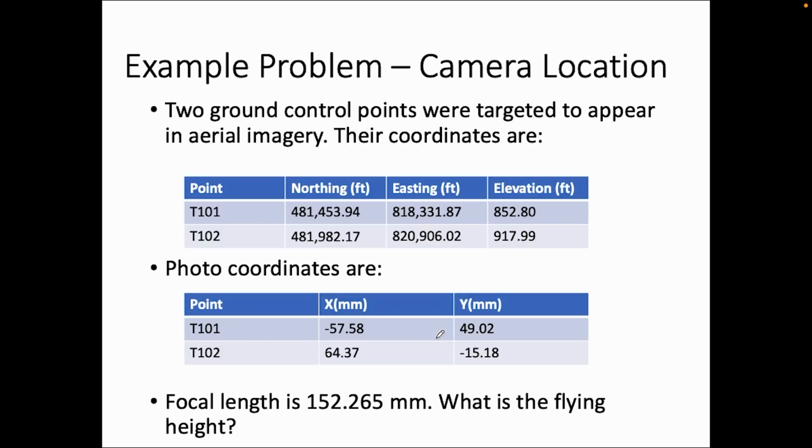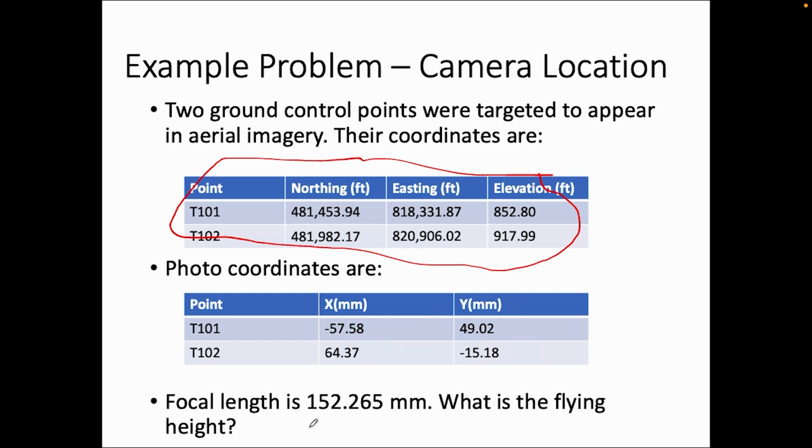This is sort of illustrating the photogrammetric process. The photogrammetric software is going to solve for the camera location given information about the photos and the ground control points' real-world locations. We've got the real-world locations for some ground control points, and we're going to use that and the locations of those ground control points in the images to calculate the location of the camera.